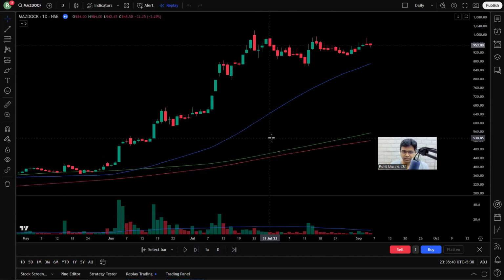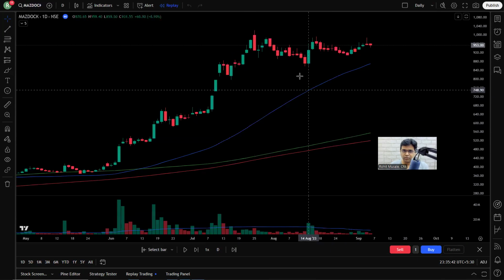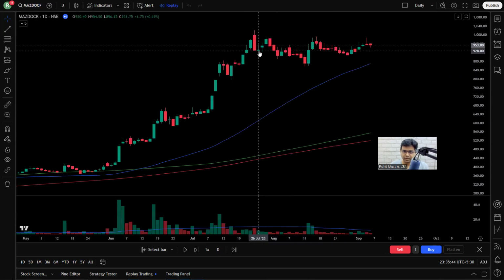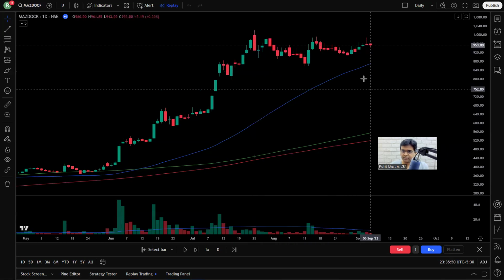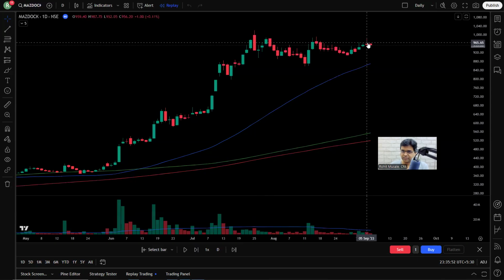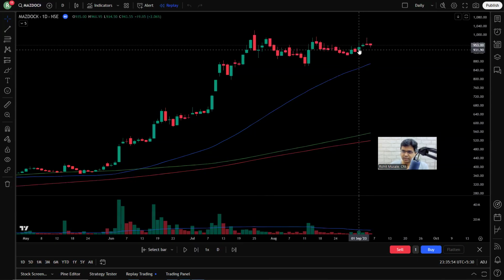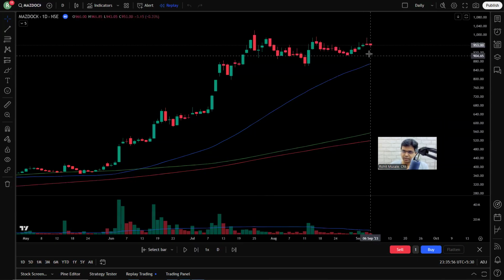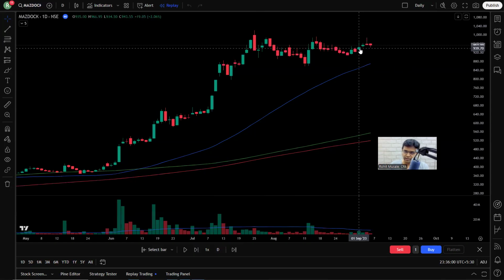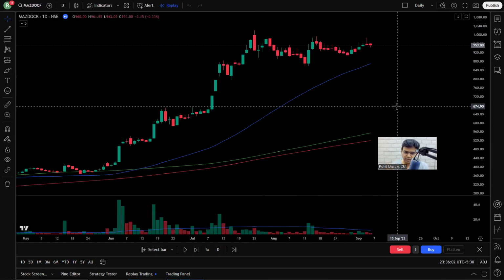So for example, let's look at this candle. Okay, it's a green candle. It's a strong closing because it is closing above the midpoint. Let's see this candle. Okay, this candle. See, it's a green candle, but the closing is weak. It is below the midpoint of the candle. So, as I said earlier, it's the closing that matters.